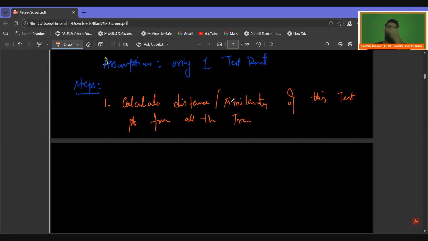Because while plotting I can see and visualize which data points are closer, but if I have just the data and I'm not plotting it, I do not know what are the closest data points. So I have to find out the distance and look at the minimum distance, or find out the similarity and look at which are the data points having maximum similarity from all the training data points.